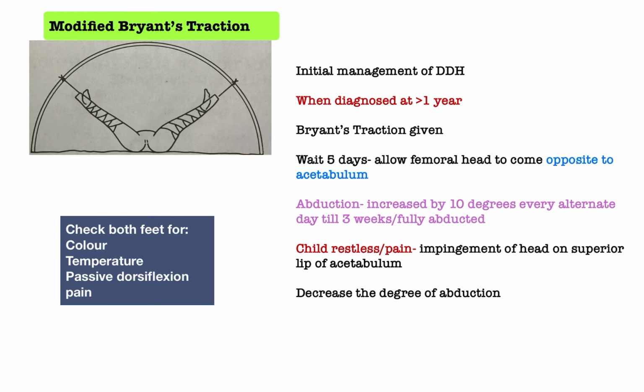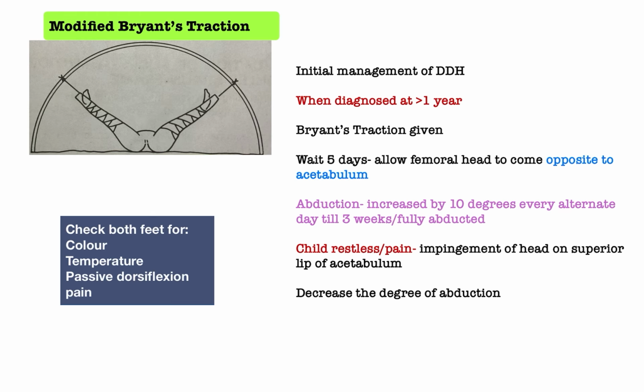Now, once the femoral head has come at the level of the center of the acetabulum, abduction is increased by 10 degrees every alternate day till 3 weeks or when the hip is fully abducted. If the child is restless or in pain, rule out vascular complications, and if there are no signs of vascular complications, there might be impingement of the head on the superior lip of the acetabulum, which indicates that the femoral head is not opposite to the acetabulum.